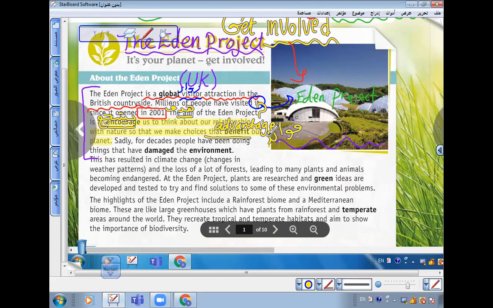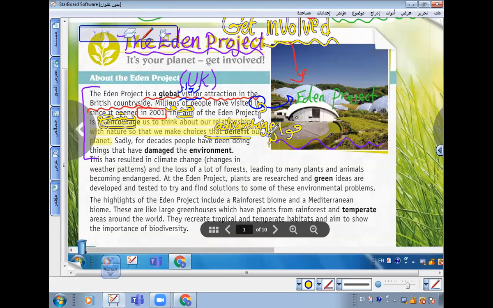To encourage us to think about the relationship with nature. We start to have a strong relationship between us and nature, right? So we start to know the benefits of plants.